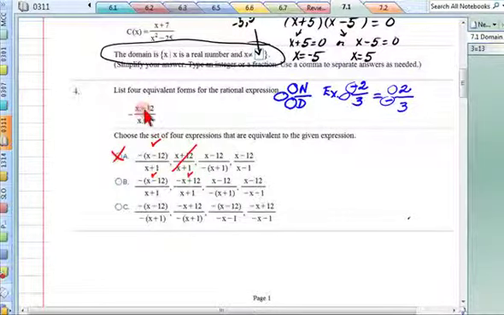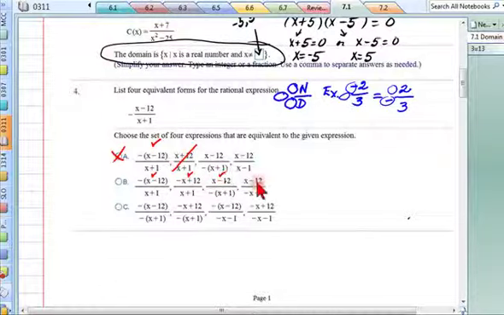They have x minus 12 up here. They have x minus 12 here. Are those the same? Yes, so they haven't changed that. There's no sign anymore, so they must have changed the sign in front. This is x plus 1. They have negative in front of x plus 1. So they changed the sign in front and they changed the sign of the bottom. Is that 2 sign changes? Yes, so that's equivalent.